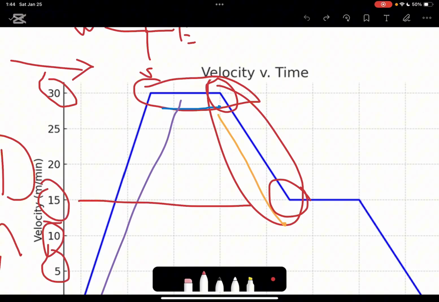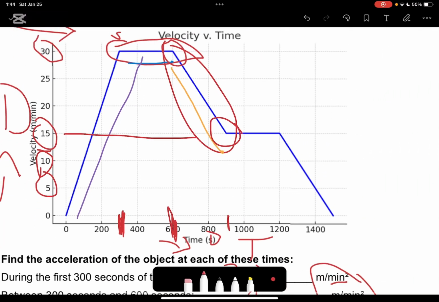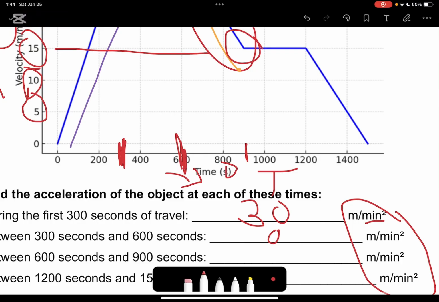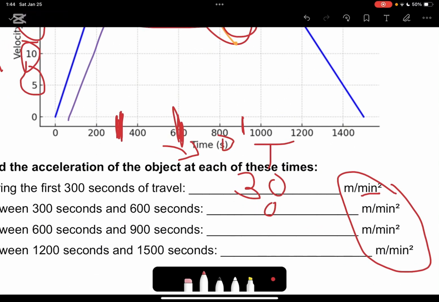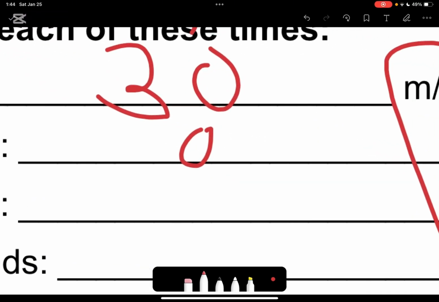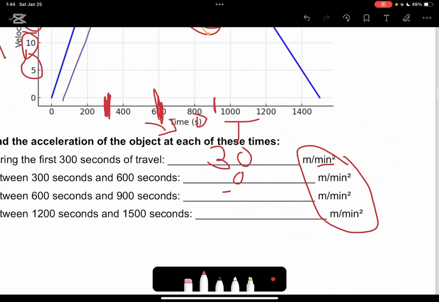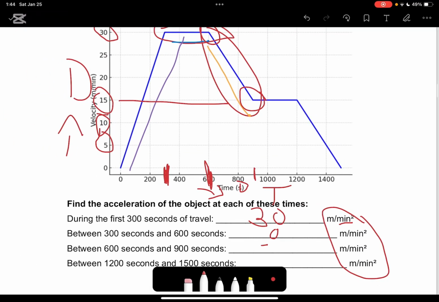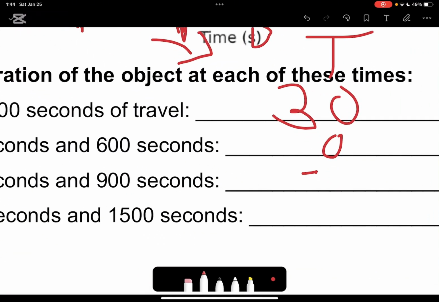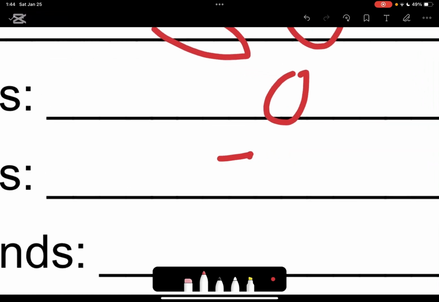So what's the answer when something is going down, in the opposite direction of positive? It becomes negative. And how much negative did it go down? 15, because 15 minus 30 is negative 15.